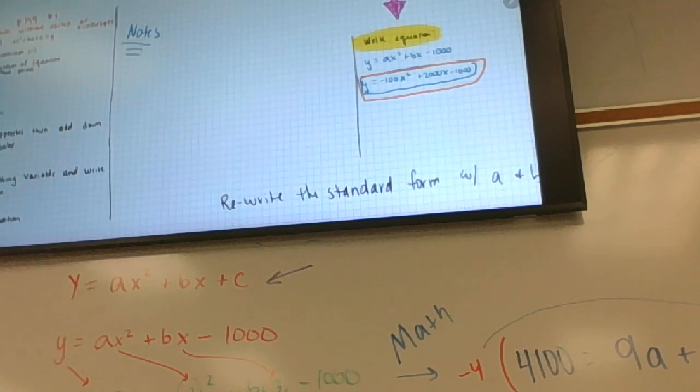So I'm going to plug it into the top, which was 4100 equals 9A plus 3. And now I know B is 2000.